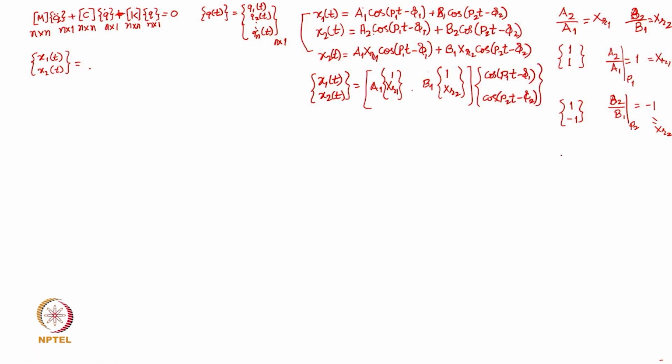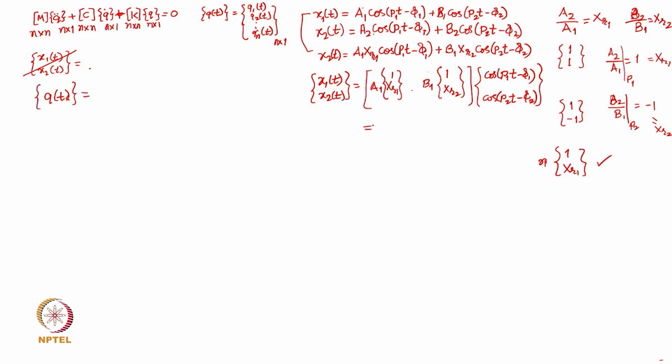Now, you all know that if 1 XR1 is the first mode or a mode shape, then any constant multiplied by that is also a mode shape. Okay. So, what I am going to do is I will write this q(t), or the response of a multi-degree of freedom system.